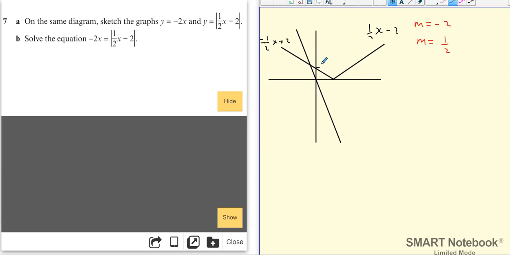The y-intercept is going to become 2. This point here, if I make y equal to 0, I get 4. And you can see that I've taken the steepness of the 2 lines into consideration. That's what I meant when I gave you your feedback on your diagrams. Does this make sense? Can you please let me know in the chat? Do you understand what I mean when I say steepness?